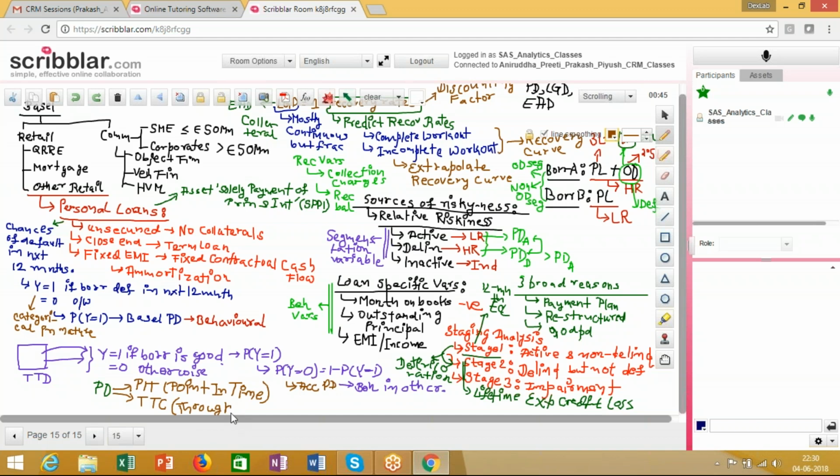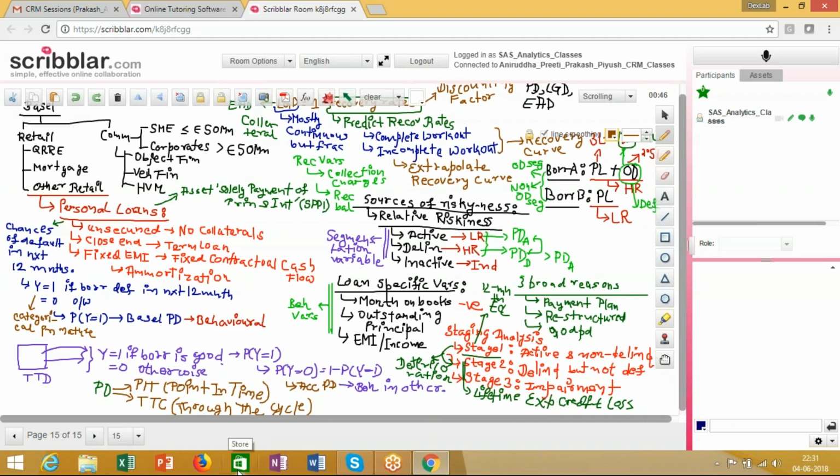So the question that comes out is: why do we need these two types? Why do we need a point in time PD, and why do I need a through the cycle PD? If I already have a point in time PD, why do I need a through the cycle?